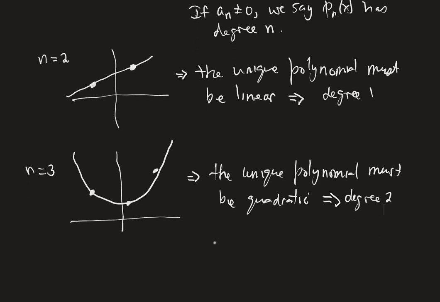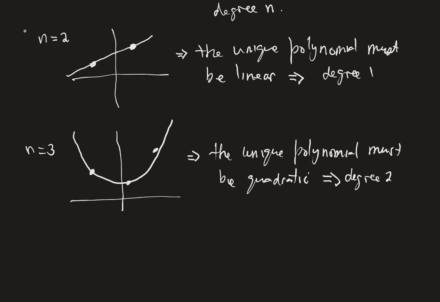So in general, notice the pattern between the number of given points and what degree we should use in order to guarantee a unique polynomial. That degree happens to be 1 less than the number of points. So if you start with 2 points, to guarantee a unique polynomial, it has to be degree 1. If you're given 3 points, then the degree has to be 2.